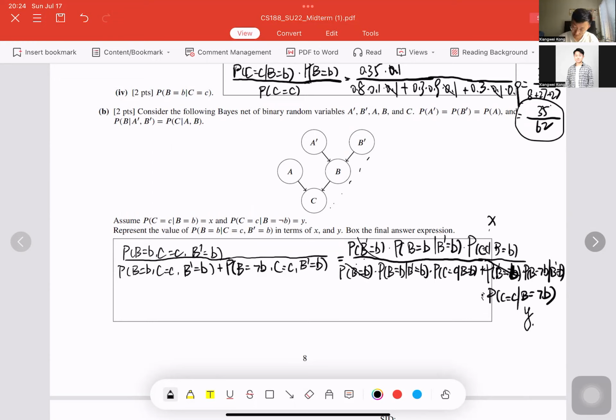And we know this is X, and this is also X.